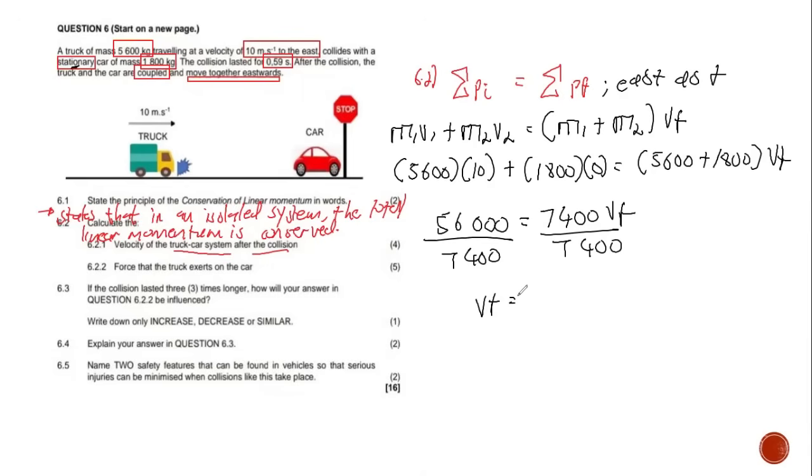And then this will give us 7.57 meters per second, rounding off to 2 decimal places, right? And then since it's positive, I'm going to say east. And then just like that, I have the 4 marks in the bag. So you see now I have 6 marks, just as simple as that. No sweat, right? So momentum is a very, very easy topic, guys.